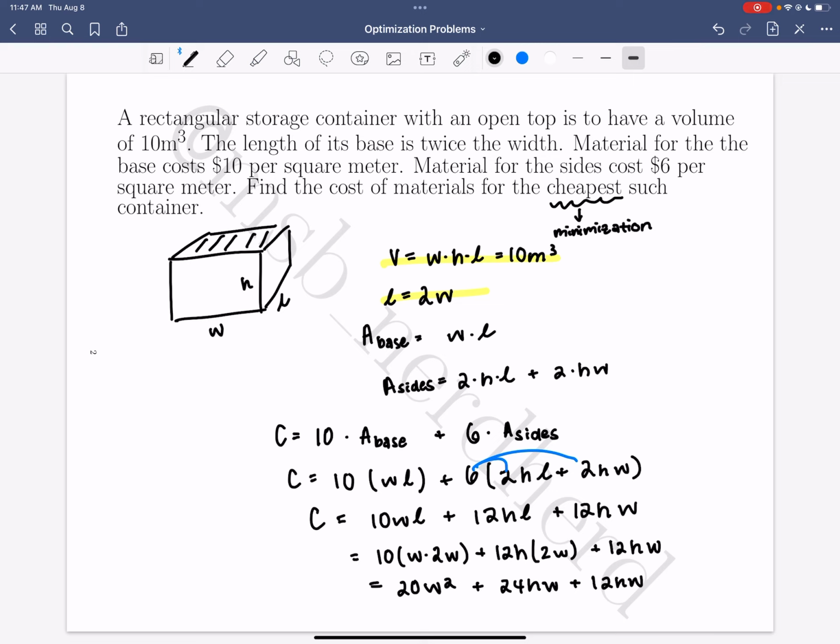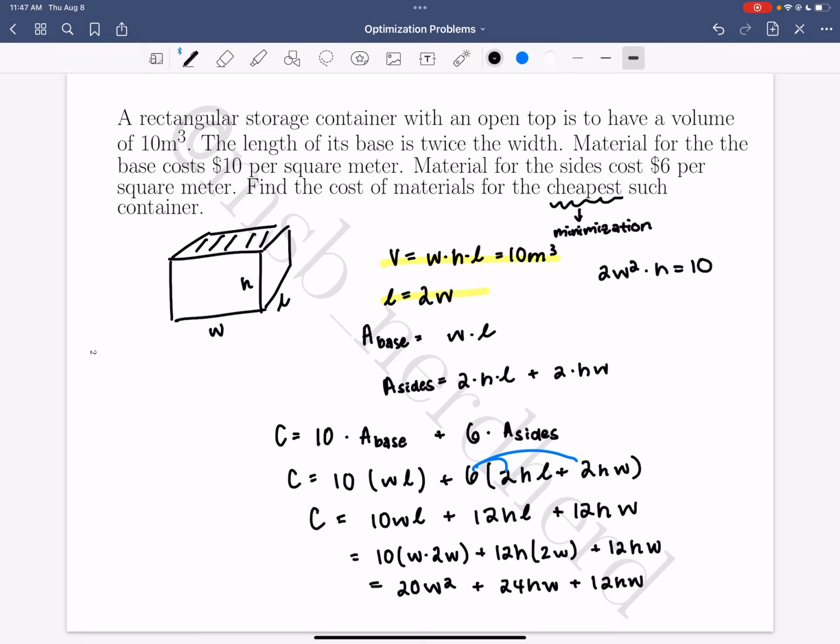So we're going to go back to our piece of information, specifically the volume. If we know that W times H times L is equal to 10, we can also say that 2W squared times H is equal to 10. That's just from plugging this piece of information into here, and then we simplify.